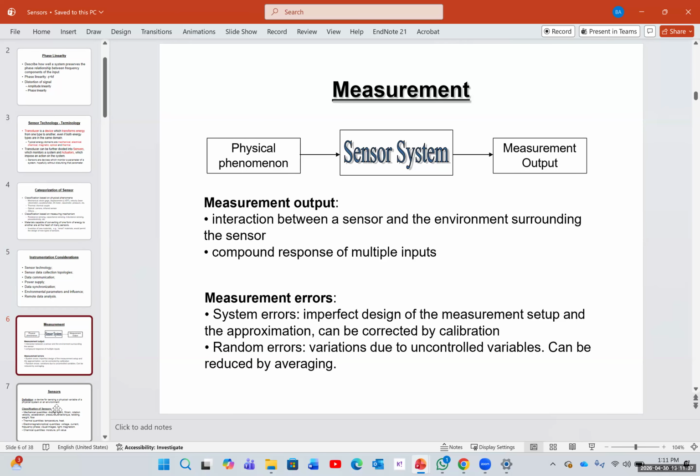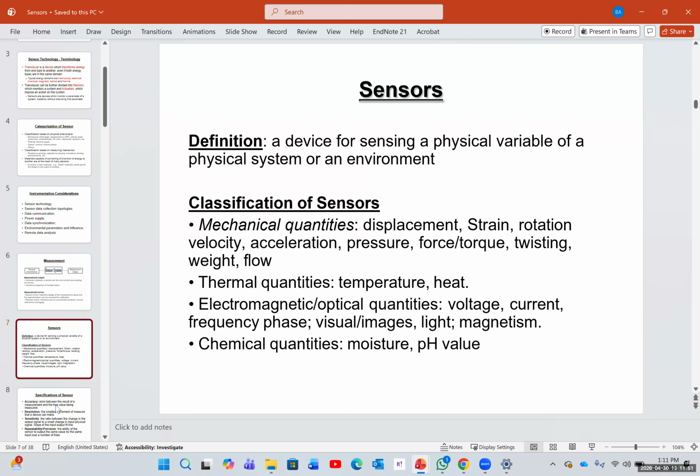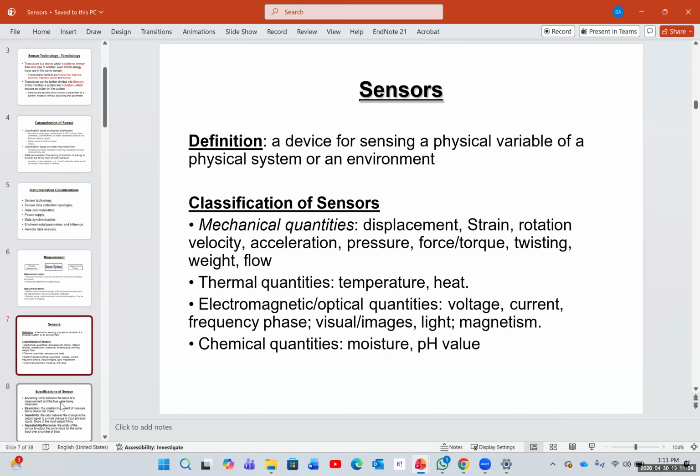We have the physical phenomena, the sensor system, and the measurement output, which could be compressed data that is sent to an Arduino, Raspberry Pi, microcontroller, or microprocessor. We already know the definition of sensors, which are devices for sensing physical variables of a physical system or an environment. And we went through the different classifications: mechanical, thermal, chemical, electromagnetic, optical.